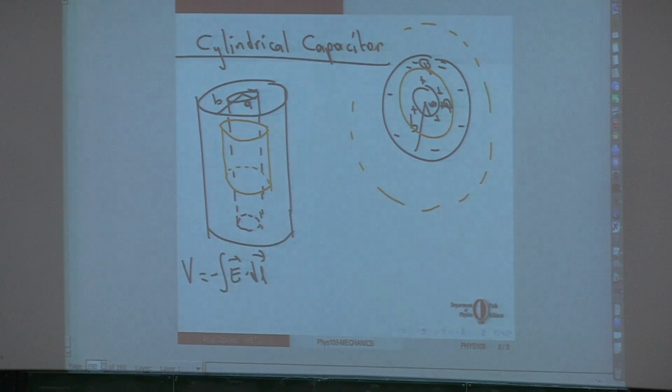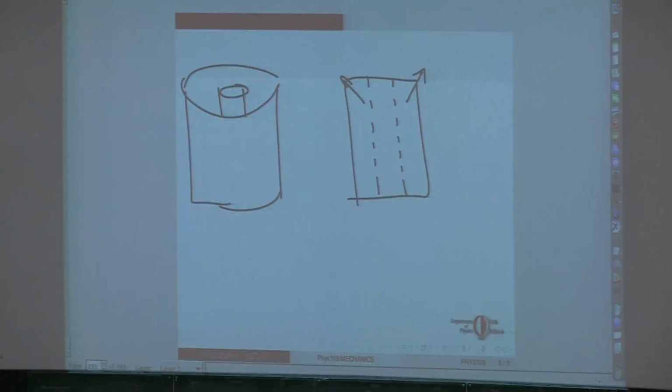In that limit, if you look at a region, it just looks like a parallel plate capacitor. That can give you some idea why this is also symmetric. We had already discussed the analog of such electric fields in a parallel plate capacitor.